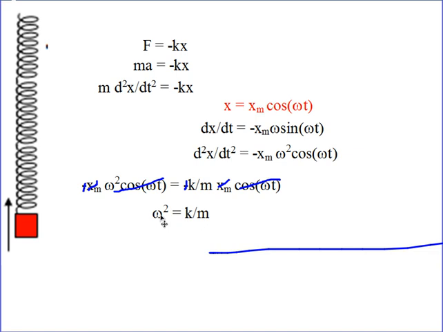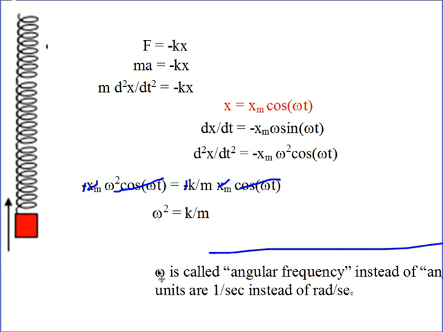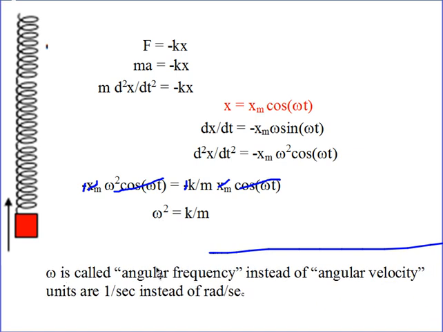But this omega looks like angular velocity. Instead, in this instance, we call it angular frequency, and it has to do with the rate at which this bounces up and down.